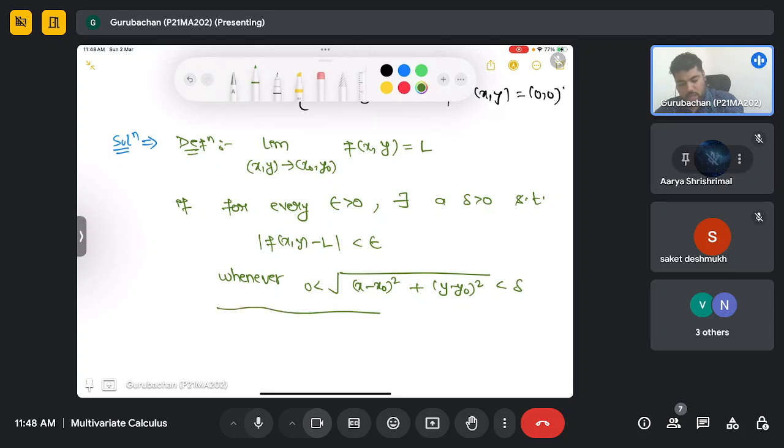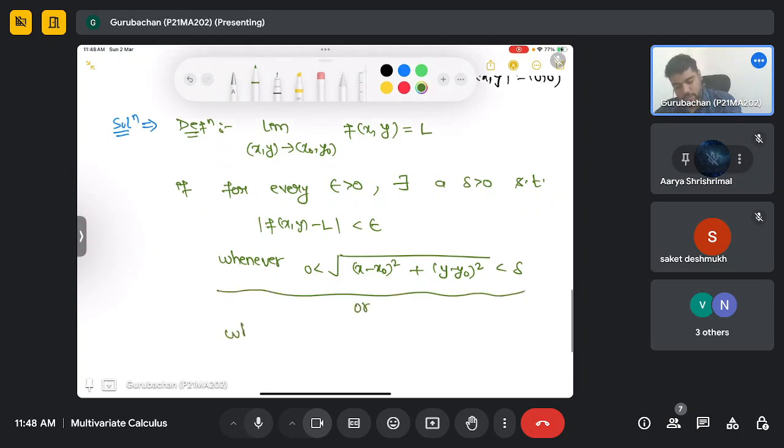On the behalf of this, we may also write whenever the neighborhood of this (x,y) will be like this. So this is the method to show the existence of the limit of a function of two variables at some point (x naught, y naught).